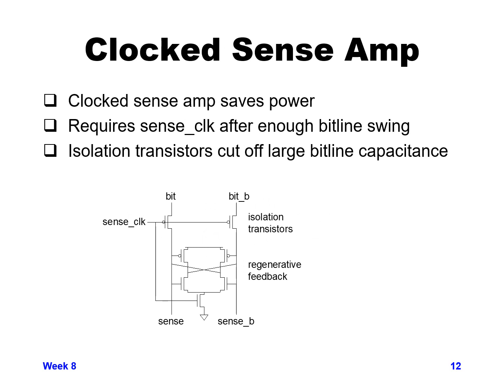Rather than the differential pair amplifier that we had in the previous foil, in most designs you'll see something more similar to this type of clocked sense amp. A clocked sense amp saves power.